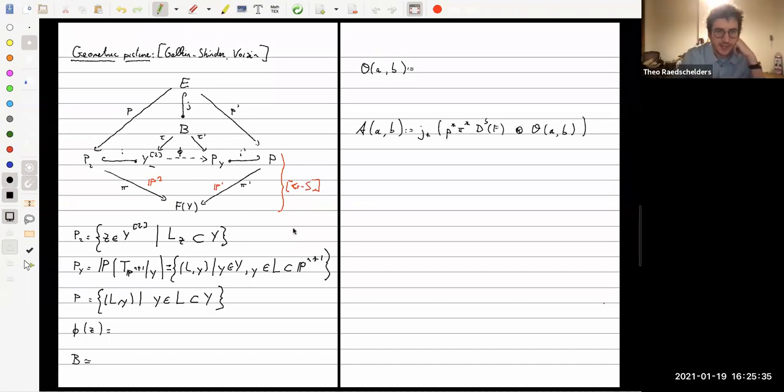Okay, so that's already quite nice, but there's more because there's this map phi here. This is a birational map, and what it does is the following. If we take a length 2 subscheme of Y, as long as we take it in the open complement of this P2, then the line it spans doesn't lie in the cubic, and so in particular it has to intersect the cubic in a length 3 subscheme.